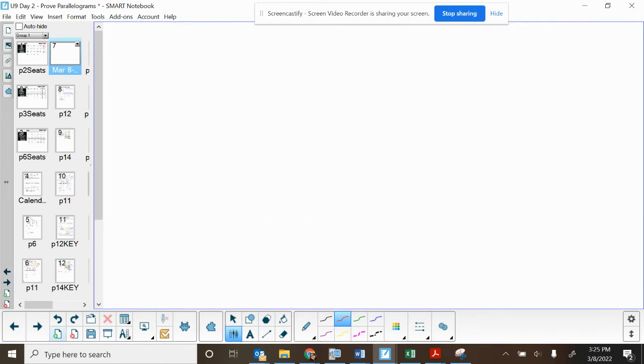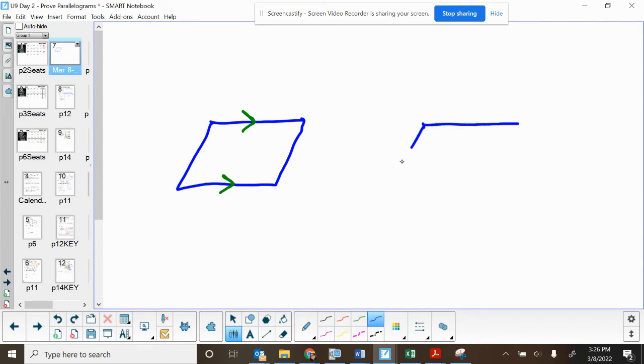If we don't choose the same sides to be parallel, like we can say, oh, I have a parallelogram, and if I say that just this one pair of opposite sides is parallel, if I don't say anything else about that same pair of opposite sides or about the other pair, I might have something that looks like a trapezoid, because trapezoids also have one pair of opposite sides parallel.